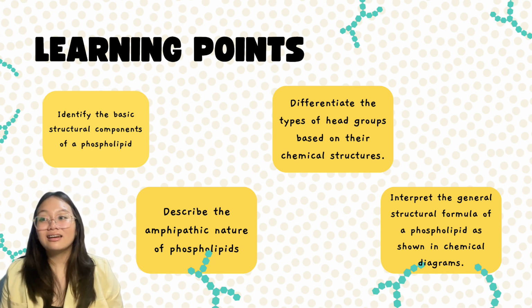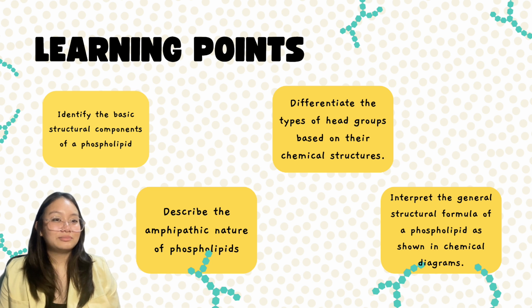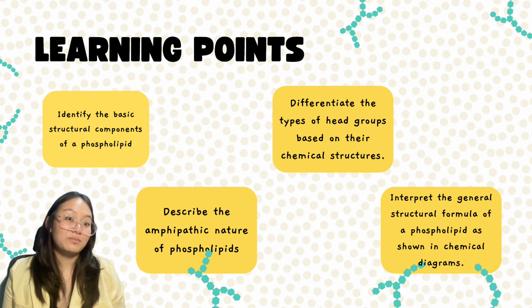And for the second learning outcome, describe the amphipathic nature of phospholipids. Amphipathic means it has both water-loving and water-fearing parts, which is crucial for their function in forming cell membranes.